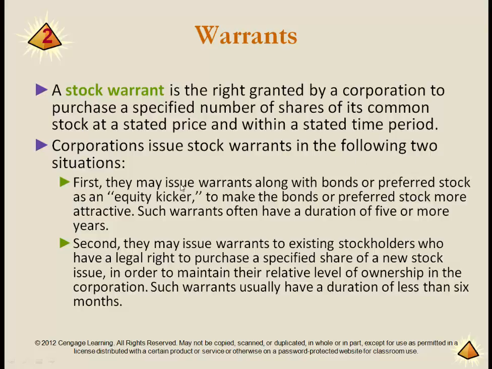For two situations. They issue warrants along with bonds or preferred stock as an equity kicker, in other words, to make them more attractive to someone to buy. And they might issue warrants to existing shareholders so they can buy a specific share of stock. Usually their duration is only about 6 months.